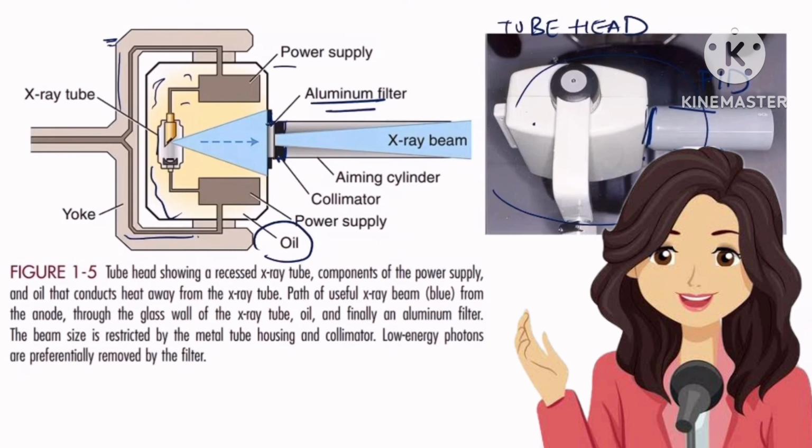The collimator maintains or regulates the shape and the size of the X-ray beam. So at the window you have the collimator and the filter, and this is the PID or aiming cylinder. Inside it, we have the X-ray tube, surrounded with insulating oil and attached to the power supply. So this is the tube head basics.